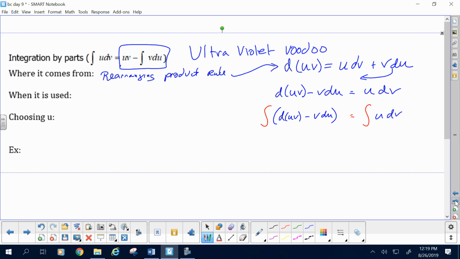I took the derivative, now I'm taking the antiderivative. What's the point? Well, hang on for a second. This first one, what's the antiderivative of the derivative of uv? uv. And what is the antiderivative of that? Well, it's kind of hard to say without knowing, so I'm going to call it the antiderivative of voodoo. And the result is this.